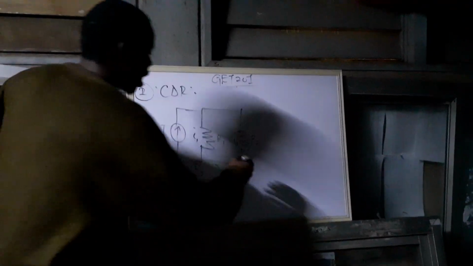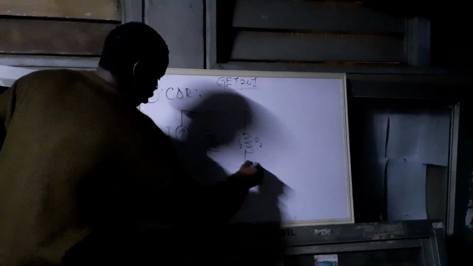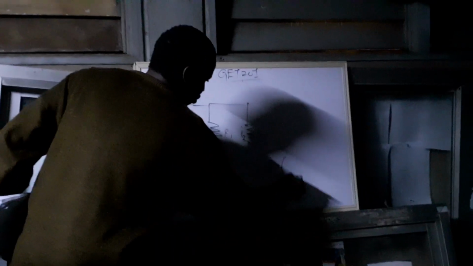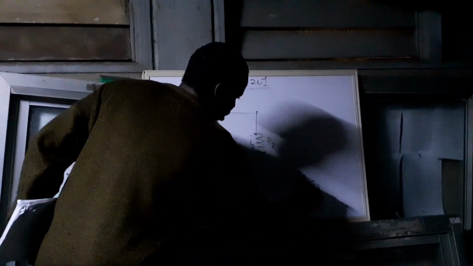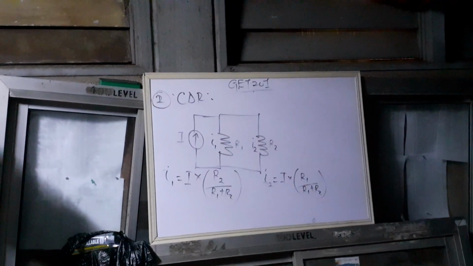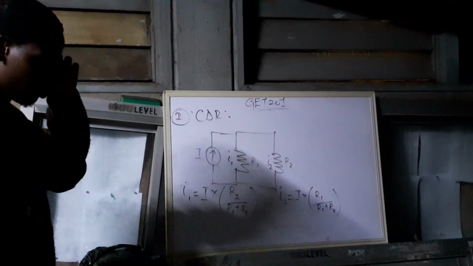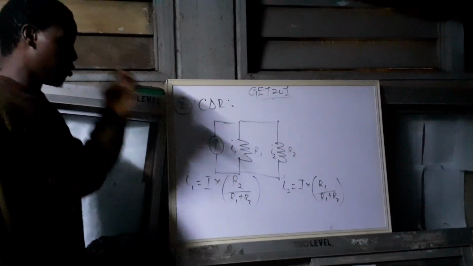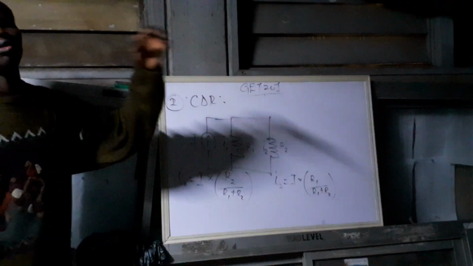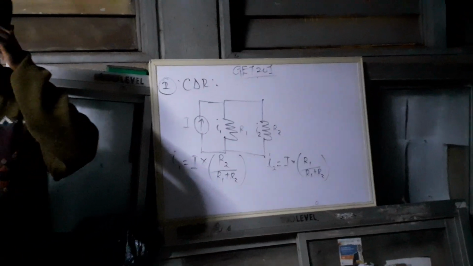Now when we want I2, I2 will be I times R1 over R1 plus R2. It's the opposite of voltage divider, because the resistors are connected in parallel, not in series.